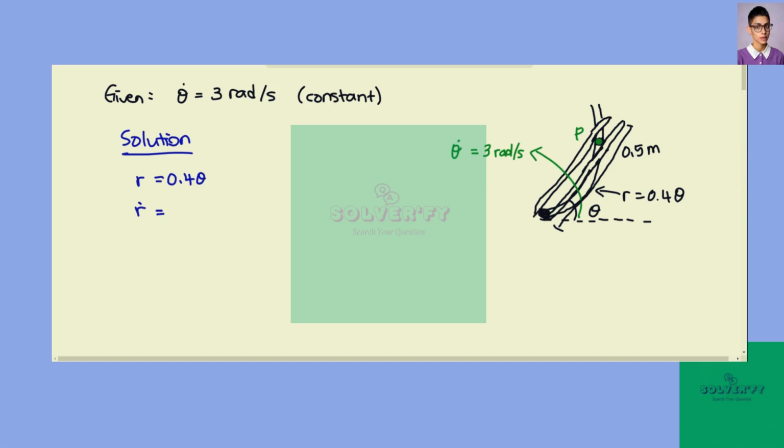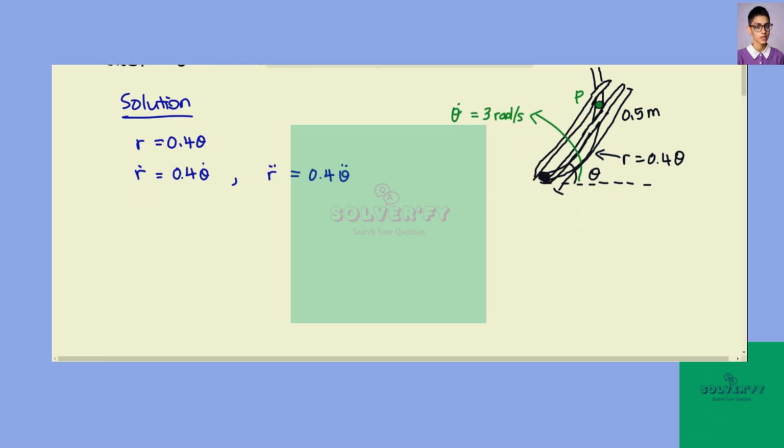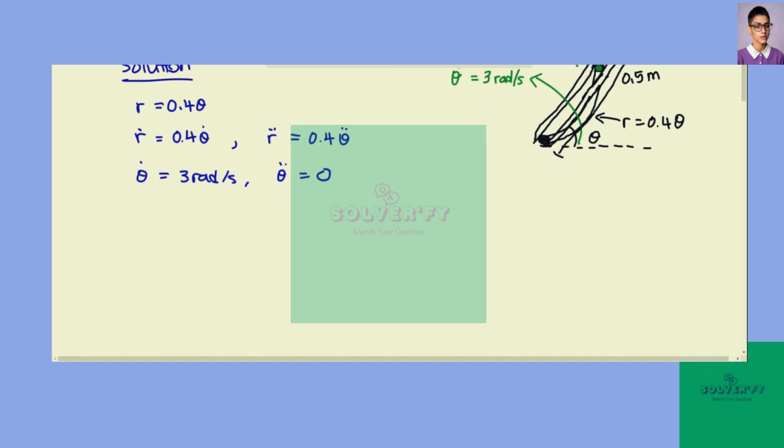We have r dot equals 0.4 theta dot, and r double dot equals 0.4 theta double dot. And we have theta dot equals 3 radians per second, and theta double dot is equal to 0.